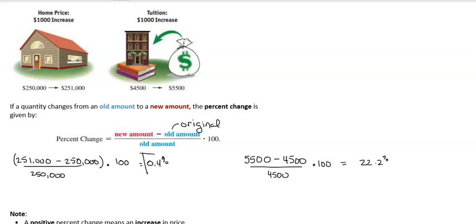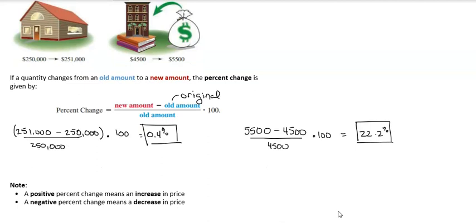So this is what we compare when we say which one is the most impactful change. $1,000 compared to a $250,000 house is not nearly as big of a change as this tuition increase. Something you need to note is that a positive percent change means an increase in price, and a negative percent change would mean a decrease in price.